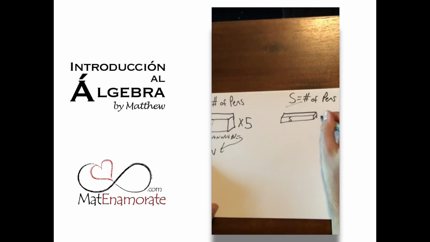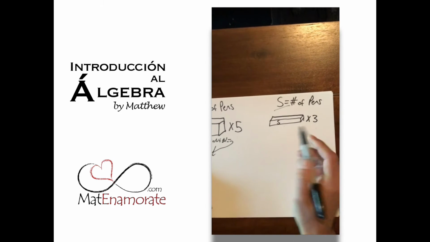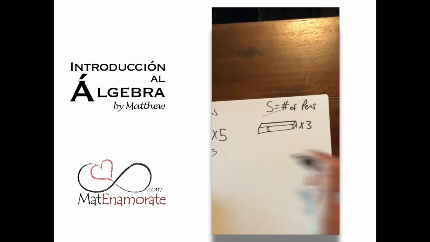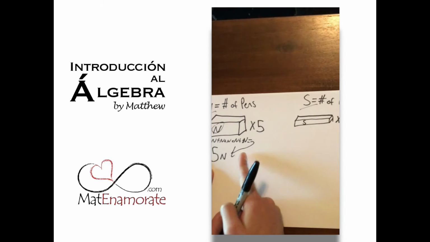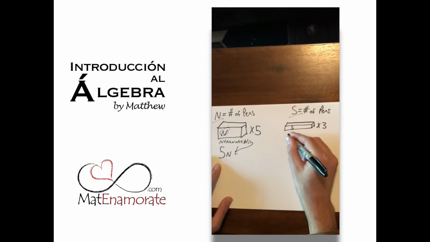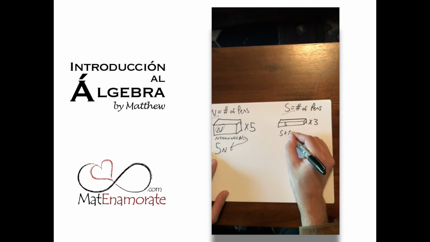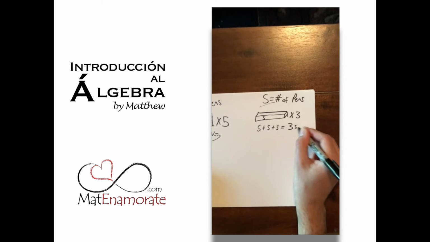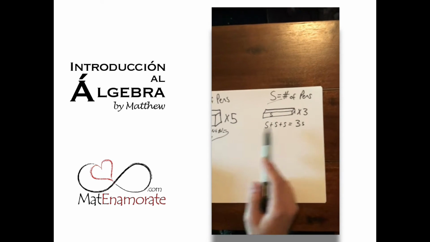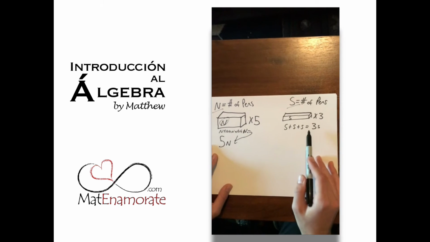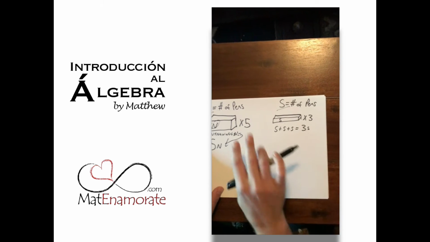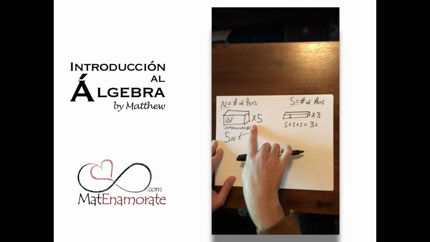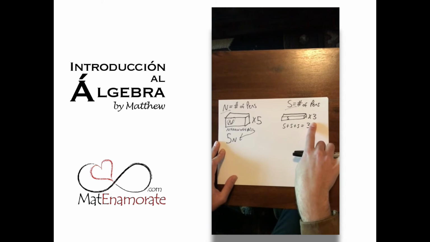And we have 3 boxes with S number of pens. So we will do exactly what we did with the first box, and we will have S plus S plus S is equal to 3S. So here we have 5n and here we have 3s. And each of these represents the total number of pens in 5 boxes and in 3 boxes.